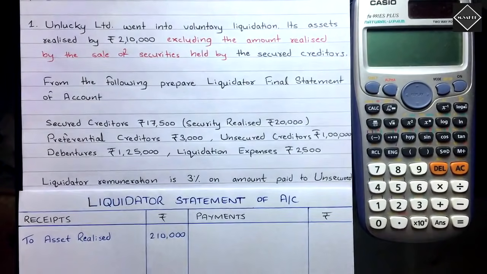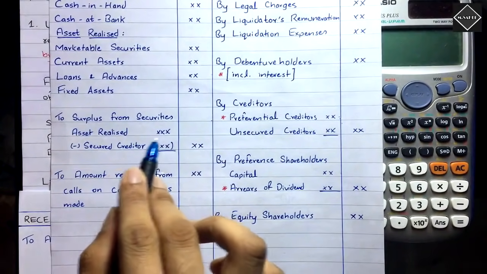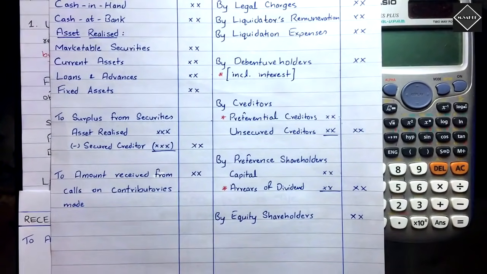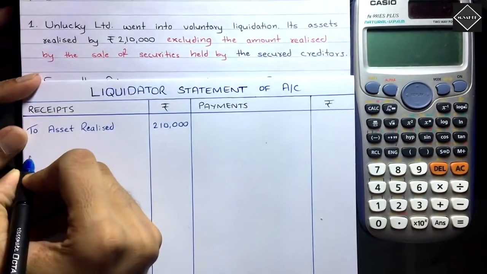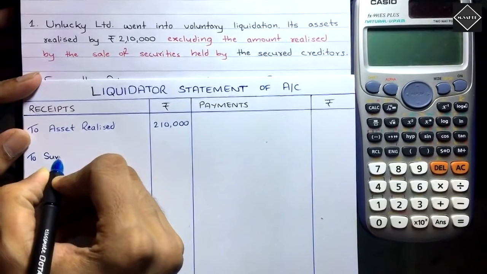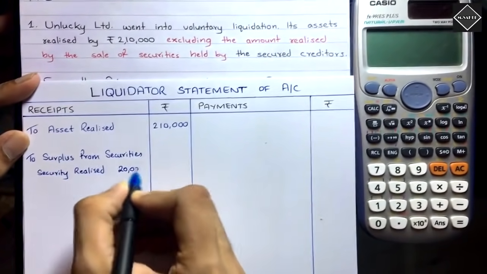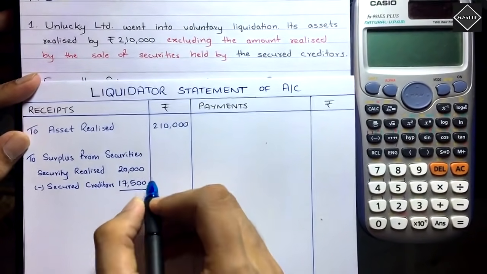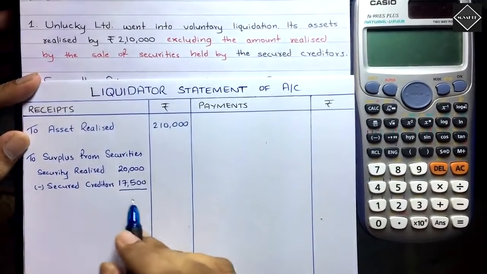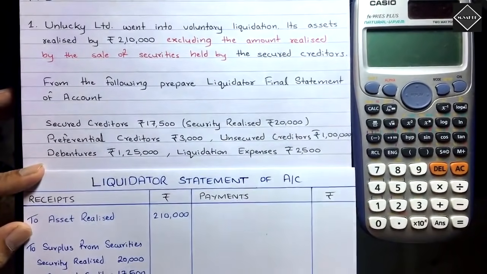So how are we going to do that? See the format. To surplus from securities, take the amount for which the asset has been sold and deduct the secured creditors, and you will get the surplus or the deficiency. So let's do that. To surplus from securities: security realized 20,000, secured creditor 17,500.